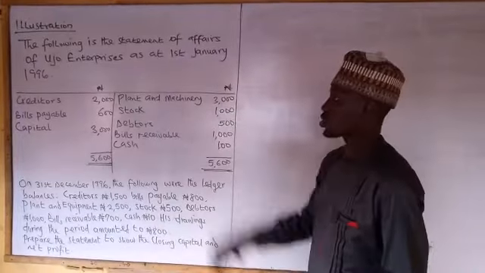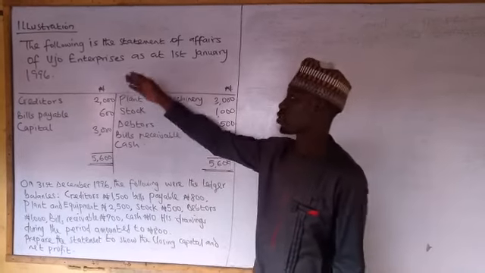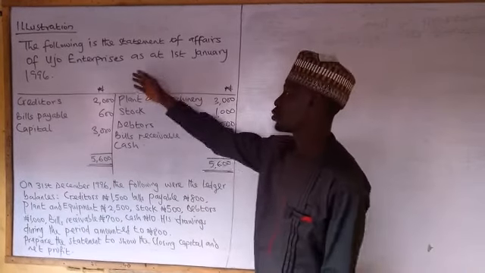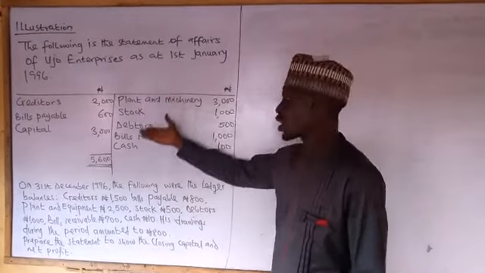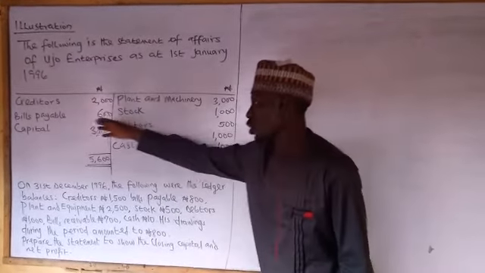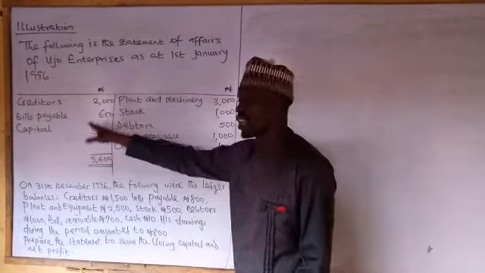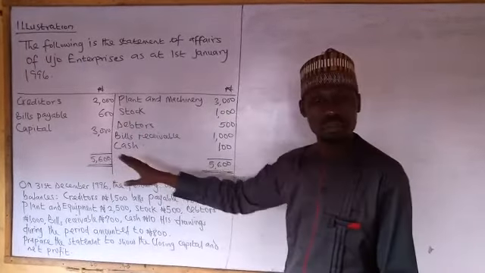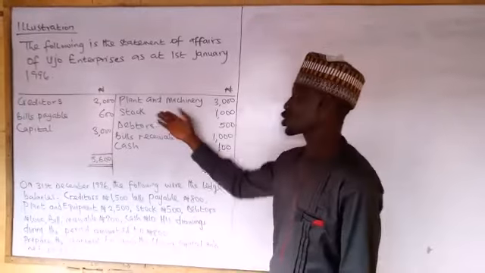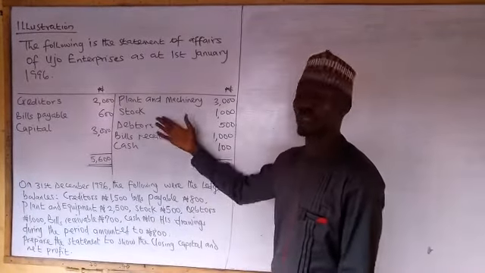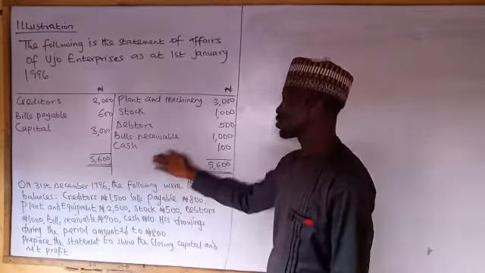Now let's look at this question on the whiteboard. The question says the following is the statement of affairs of Ujo Enterprise at 1st January 1996. All the information on this statement of affairs relates to the beginning of the year: the plant and machinery, the stock, the debtors, bills receivable and cash.